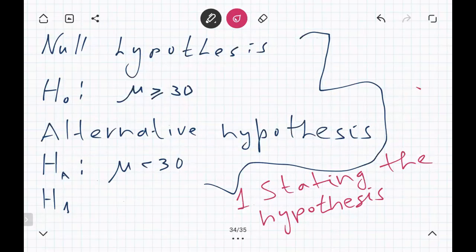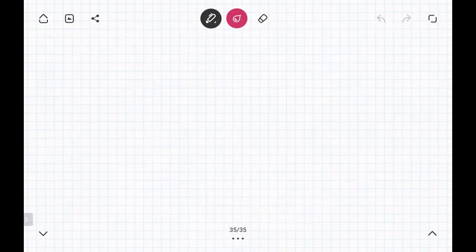So whichever calculations we make, whatever results we get, they are always random in some way. For example, when we were building a confidence interval, we chose the level of confidence. We said, I'm 95% sure that my mean value is between this and this, or maybe I am 80% sure, and so on. The same applies here.